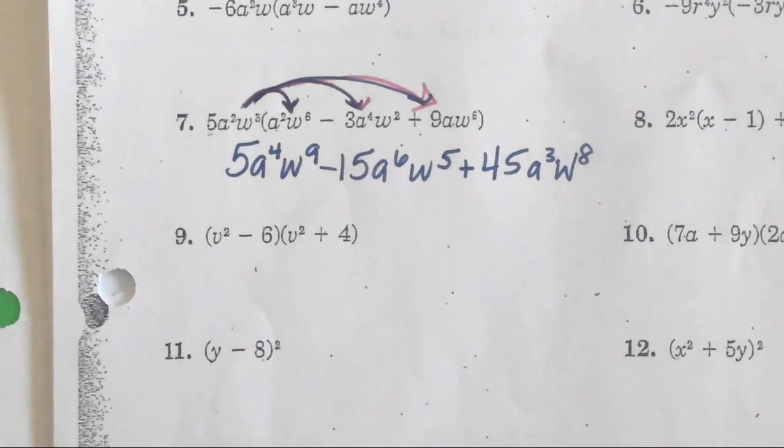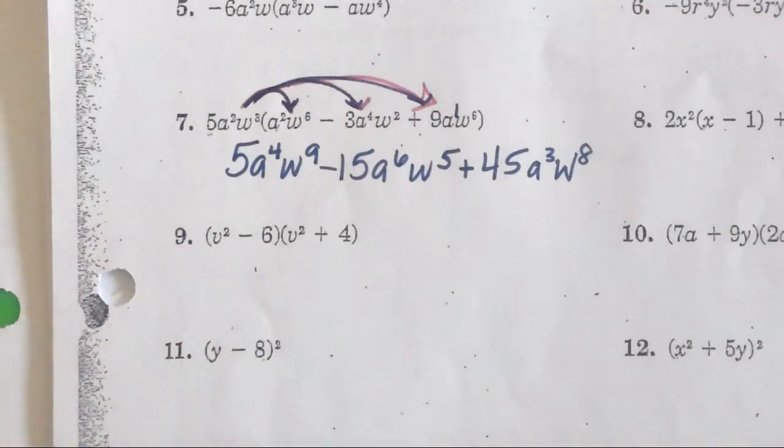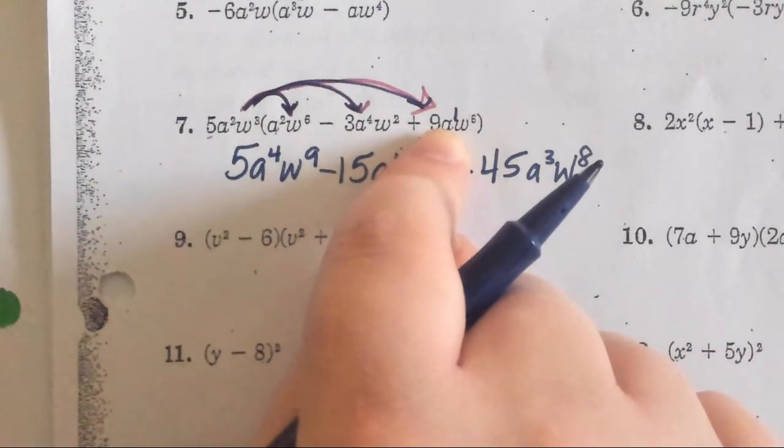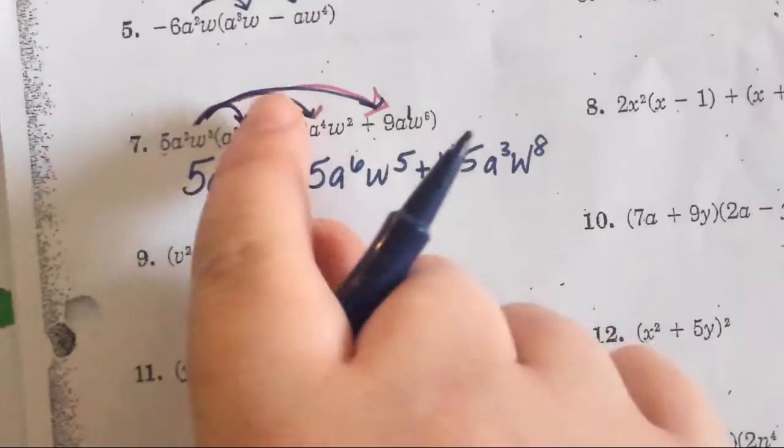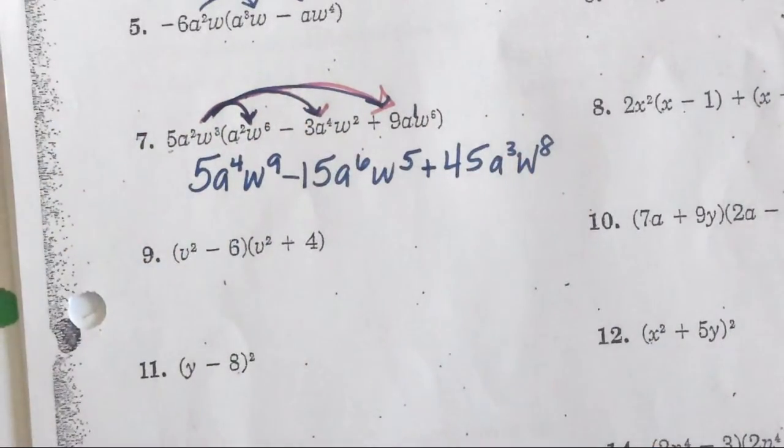It's just keeping up with your exponents. You've got to remember if they don't have one, it's an understood one. Otherwise, life should be good. If you want to put in the understood one, you can. That way you make sure you do 2 plus 1 is 3 for that last term. That makes sense. That's all you gotta do.